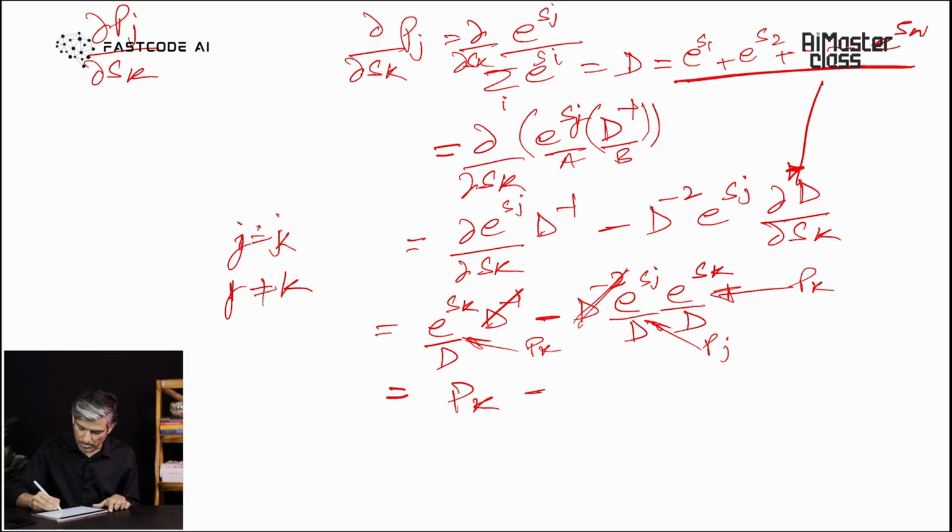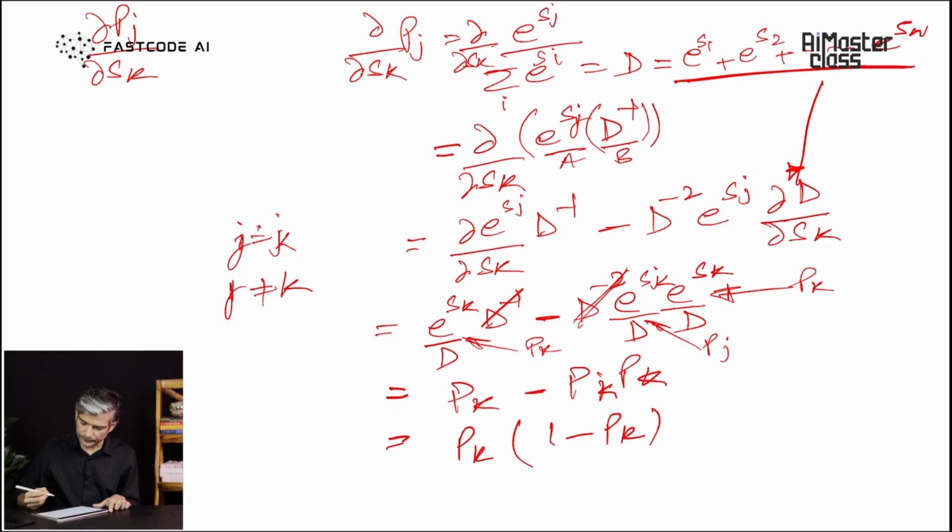So we can also write this whole thing as pk minus pj pk, right? And here j is equal to k, so I will make it also k, so it becomes pk times 1 minus pk. Okay.